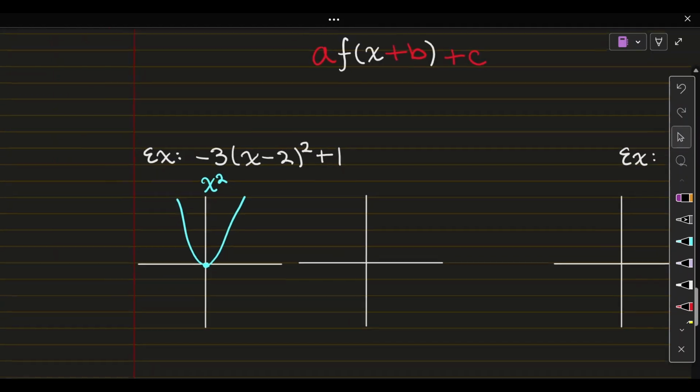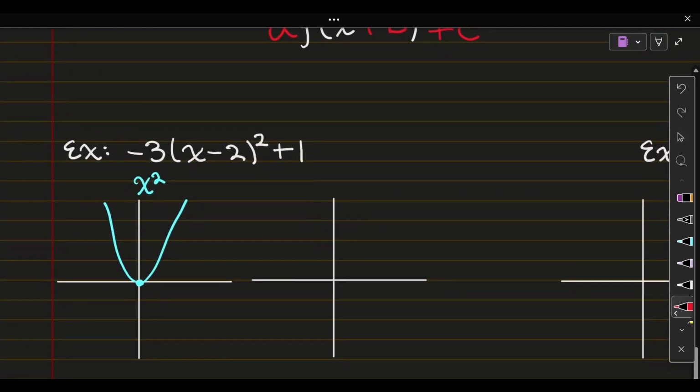So what's happening here? Let's take a look. This number out front takes care of vertical stretch and flipping. So I flip and stretch by a factor of 3. Then this stuff inside the parentheses tells me to move left or right. It's negative, so I move to the right 2 units.